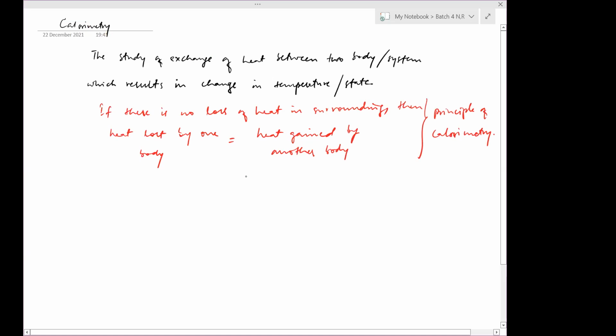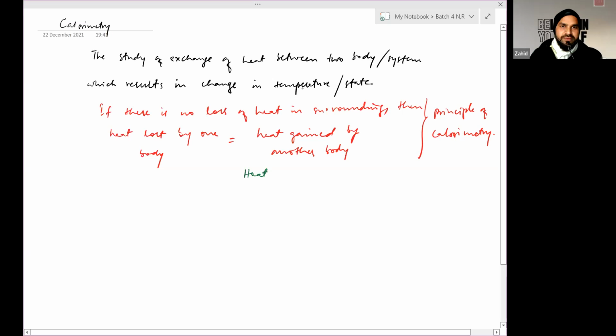Now, for this particular heat, we have two different cases. First, which results in change in temperature, and second, change in state. So we may define this into two parts: heat which causes a change in temperature, and second, heat which causes a change in state.